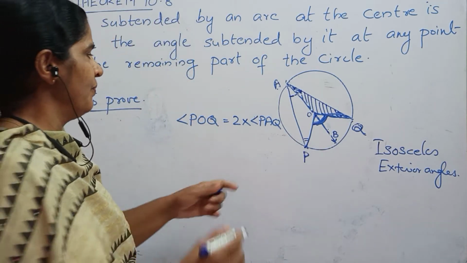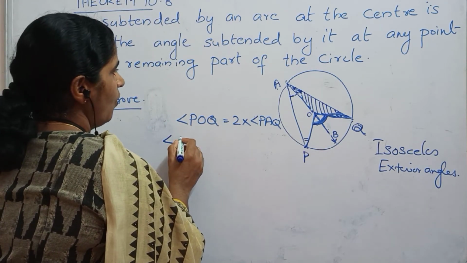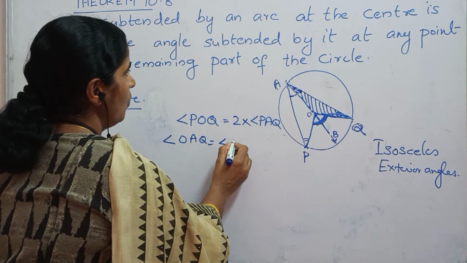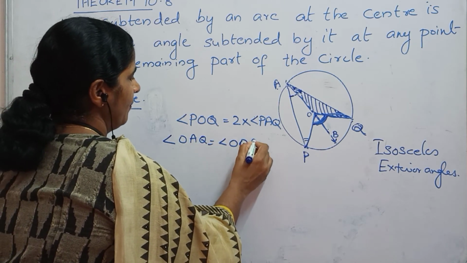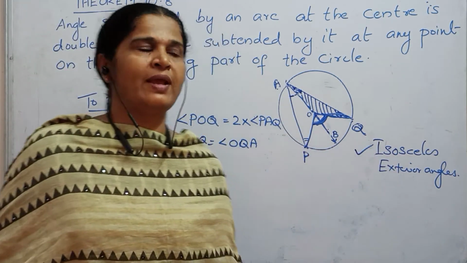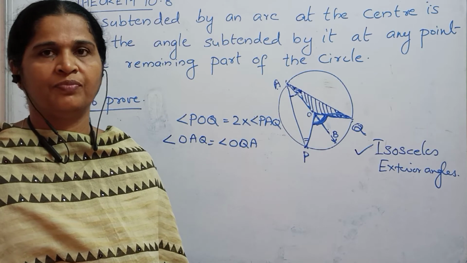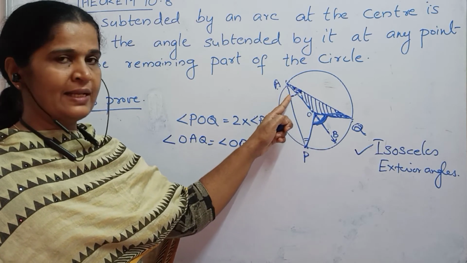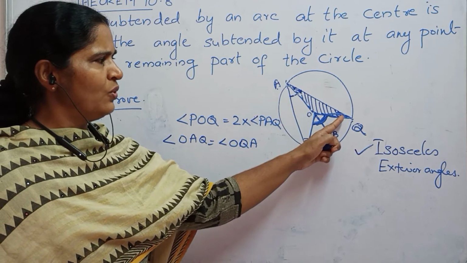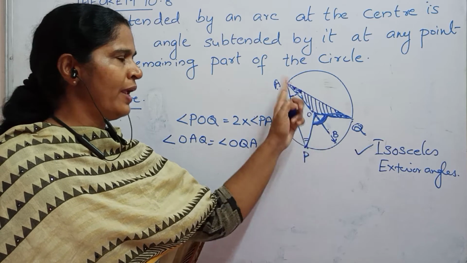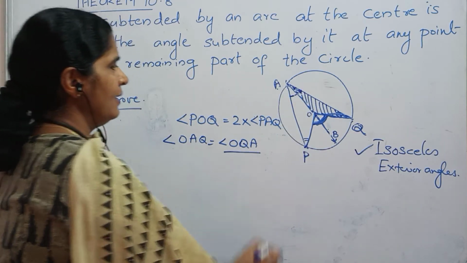So we can say angle OAQ is equal to angle OQA, using the property of the isosceles triangle, the right side one. But we need this outside angle and this inside angle. We don't want to relate this angle with it, so I am trying to avoid the angle OQA.